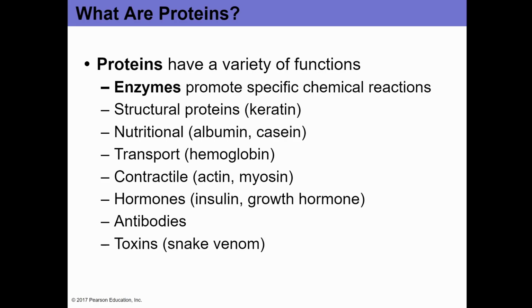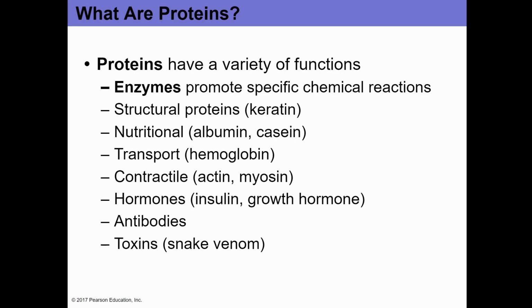Plenty of structural support, keratin, collagen, those are both great examples. Nutritional albumin is not only found in the bloodstream, but also can be utilized to help make some of these macromolecules. Actin and myosin is found in skeletal muscle and provides the means for muscle contraction. Hormones like insulin and growth hormone regulate not only blood sugar, but metabolism in most cells.